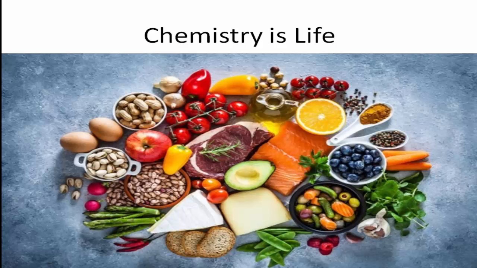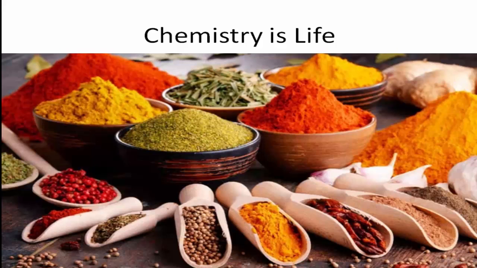All these chemicals are essential for our life, because if we do not take any food which contains some of these chemicals like carbohydrates, proteins and lipids, then we may have some sort of disorders or diseases.